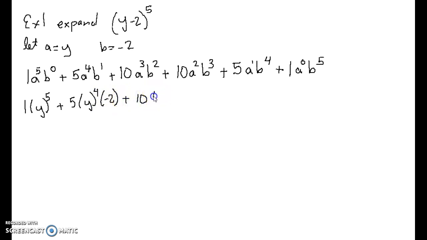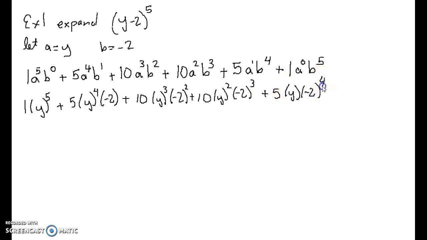Plus 10 times y cubed times negative 2 squared, plus 10 times y squared times negative 2 cubed, plus 5 times y times negative 2 to the power of 4, plus 1, and then y would go away, so this will just be negative 2 to the power of 5.